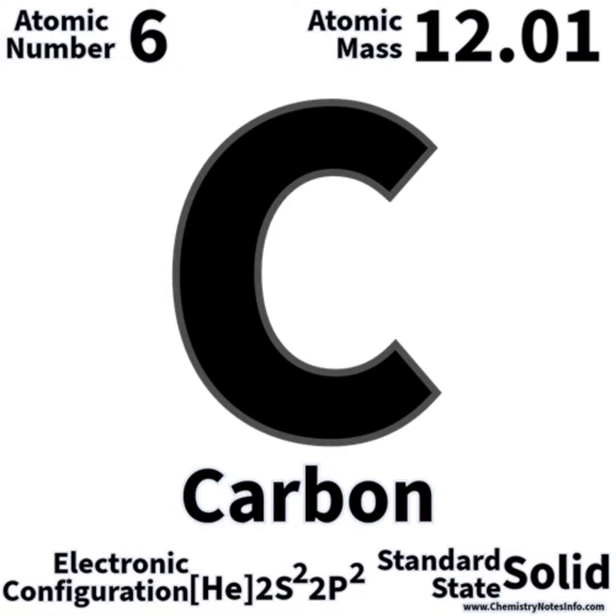Diamond and graphite are two of the most well-known allotropes of carbon and have very different structures. Diamond has a 3D crystal lattice structure, making it transparent and hard, while graphite has a layered structure, making it a good conductor of electricity.